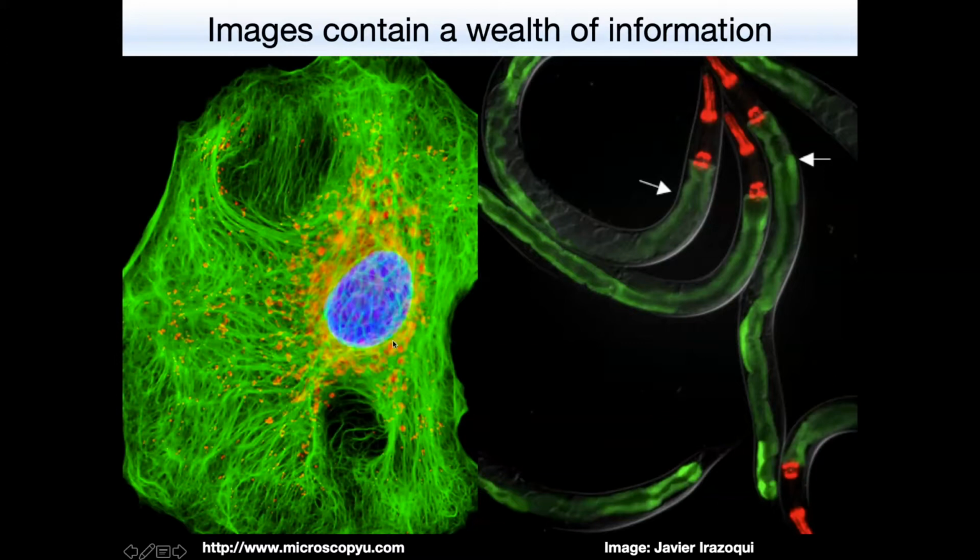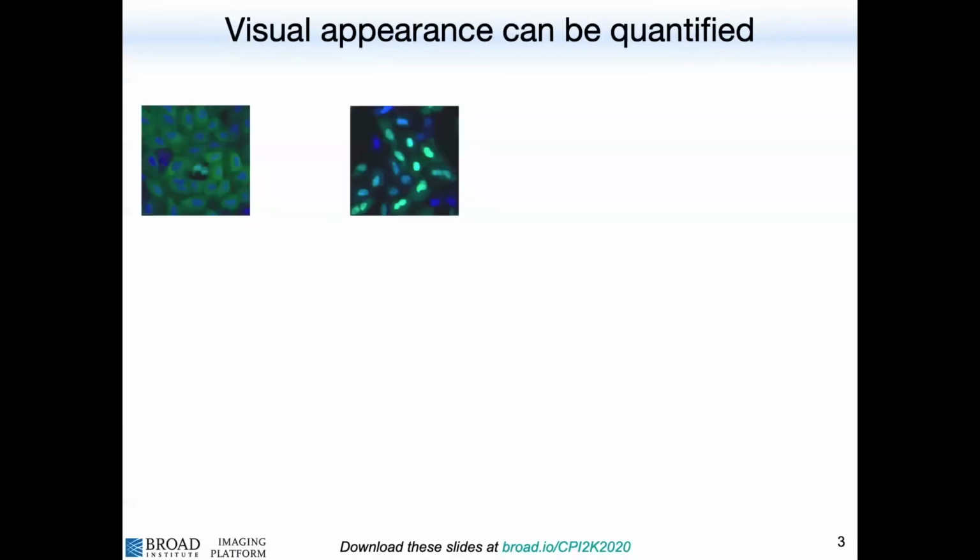Like how close are these red dots, for example, to the nucleus. This sort of data is hard to get from most single cell techniques, and a lot of this information is not typically being used. So we are going to show you a set of tools with which you can detect the objects of interest so you don't lose any valuable information from your images.